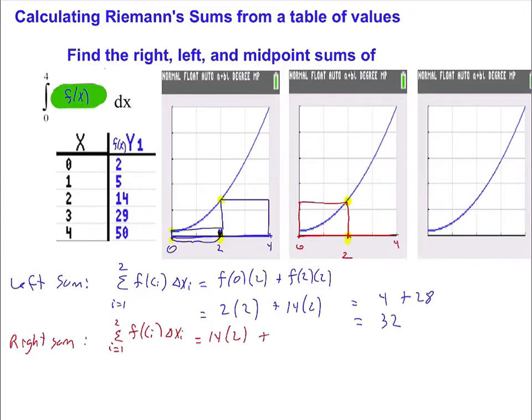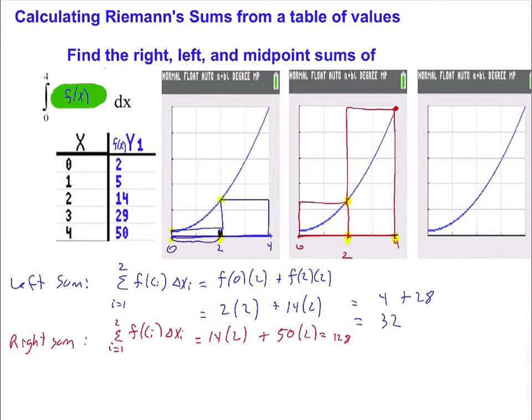And for my second y value, I will choose the rightmost x value in the subinterval, to find the y value to multiply by the x distance and make the product. So the y value I chose is f of 4 this time, and the x distance is still 2. And that's 128. So notice these two are very different from each other.